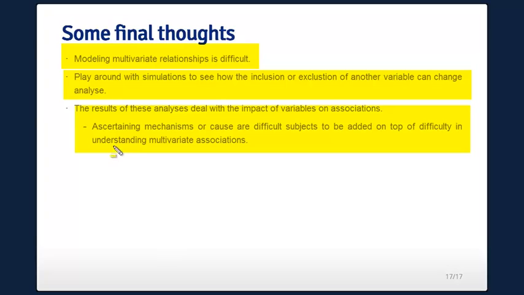That's the so-called domain of causal inference. But for our purposes here, we mostly want to understand how and why the inclusion of variables changes the relationship between a variable of interest and the outcome in a regression model. And I think these examples show you that you can get very different answers depending on what variables you include.